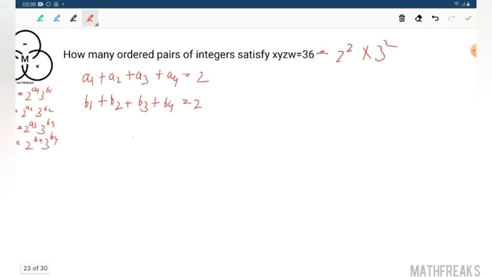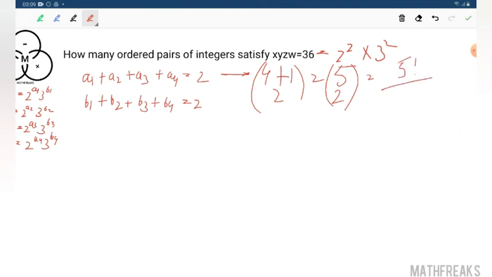This is very simple. 4 plus 1 choose 2, that is 5 choose 2, which equals 5 factorial over 2 factorial over 3 factorial. 3 factorial is 6, 2 factorial is 2, 2 sixes are 12, so this is 10.